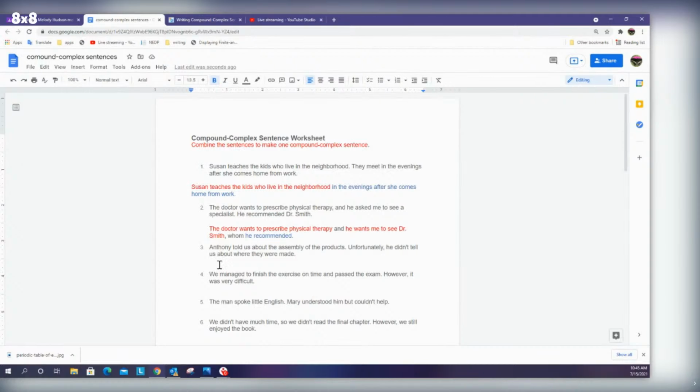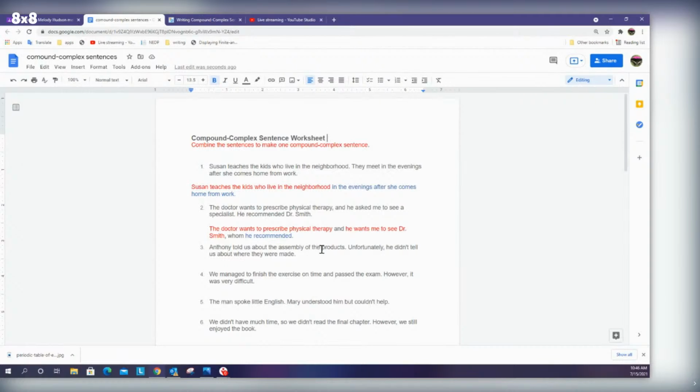So we want to turn that into a compound complex. He told us about the assembly of the products, but he didn't tell us where they were made. So we actually are going to have a compound sentence, and I'm going to tell you why.